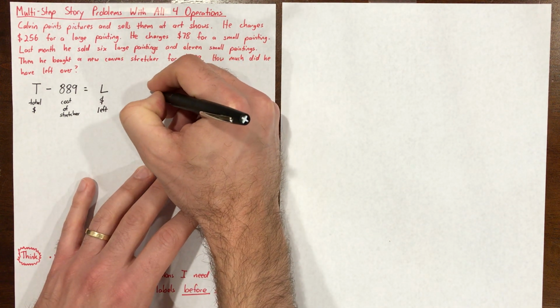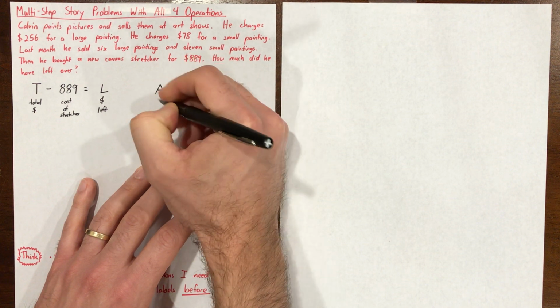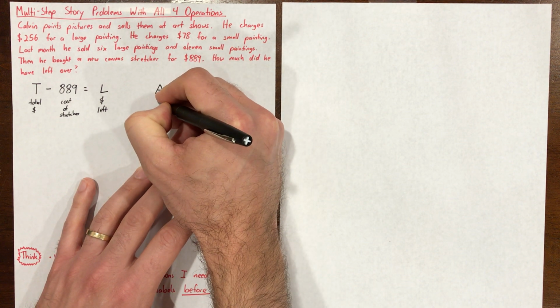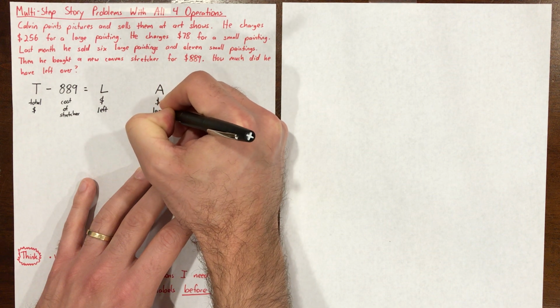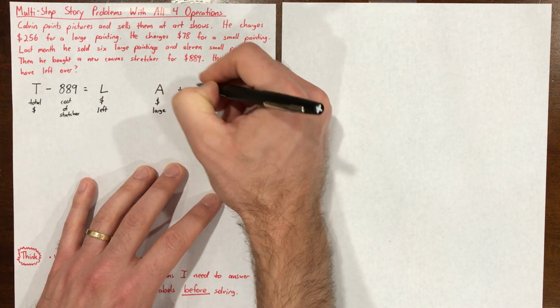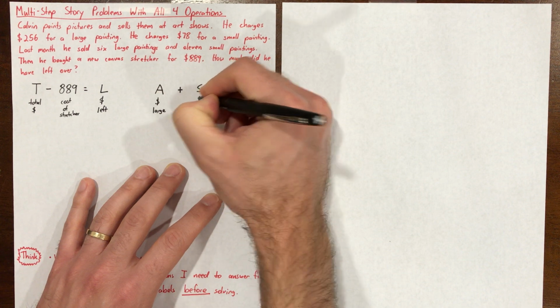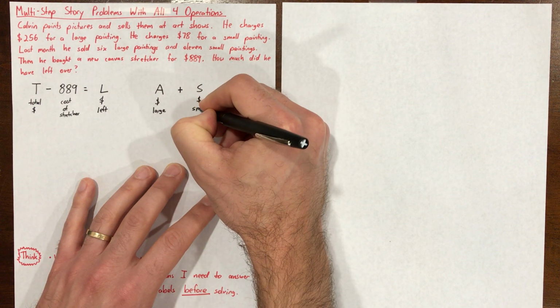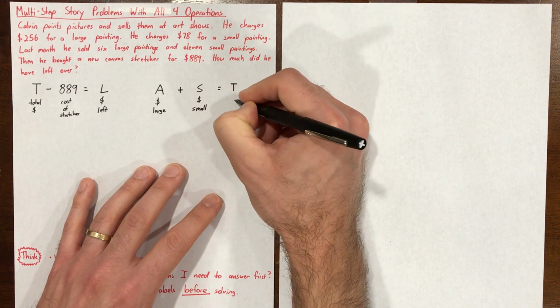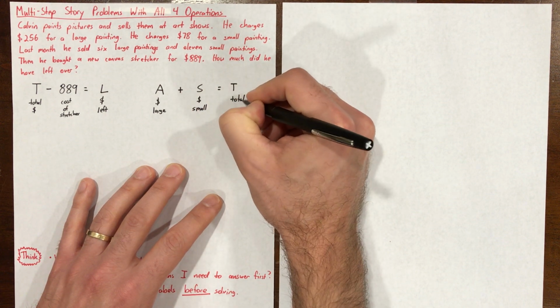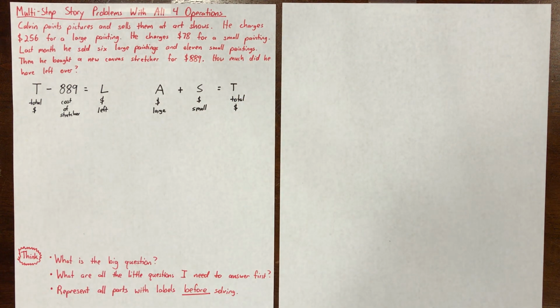So why don't we put A, and that can be the money from the large paintings, plus S, and that can be the money from the small paintings, right? And we know that will equal T, which is the total dollars that he has.